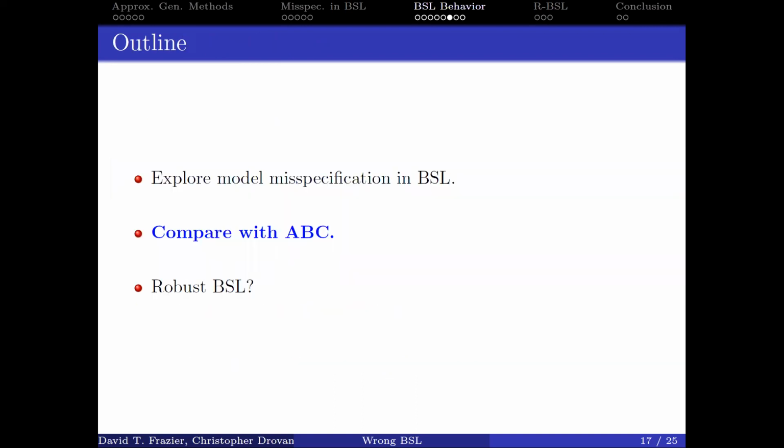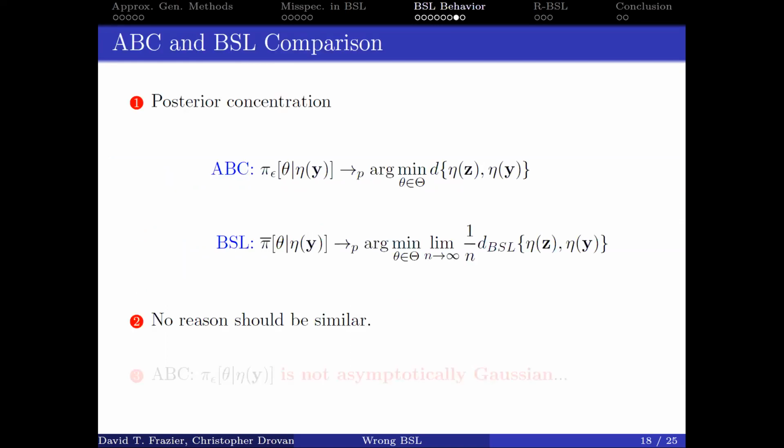Right, so let's compare this behavior of BSL to what we know in the case of ABC. In a paper last year with Christian and Judith, we showed that the ABC posterior converges in probability to a Dirac mass based on the minimizer of this distance, whatever your distance function is in ABC.